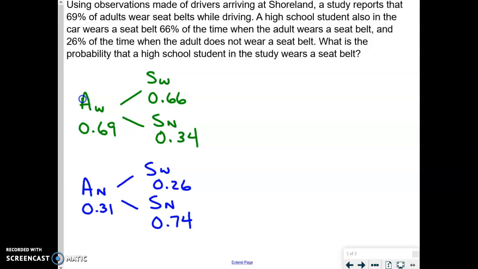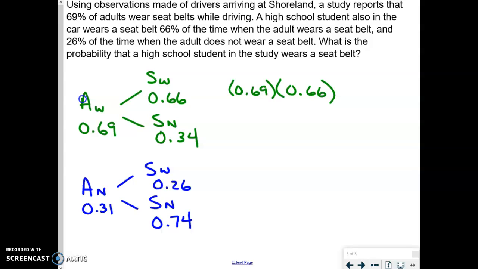So now what we're looking for is the probability that a high school student wears a seatbelt. So for this, that would give us the following two scenarios. In the first one, if the adult wears it, 0.69, we're going to take that times 0.66 because it's adult wearing and student wearing.